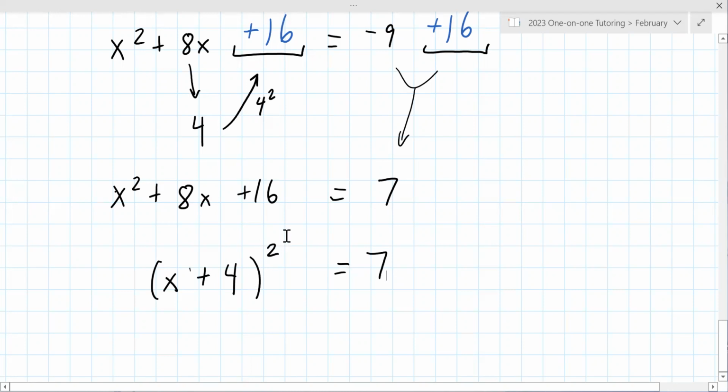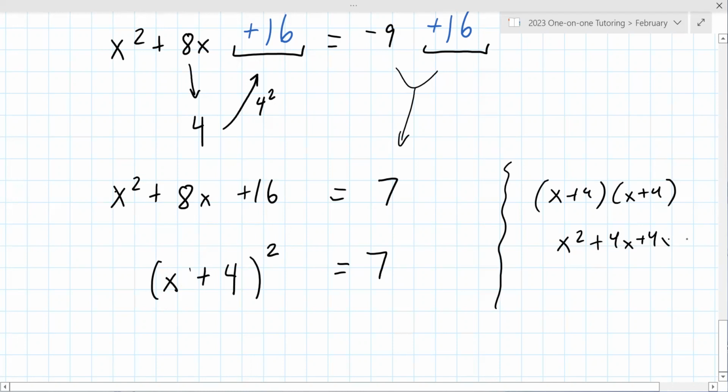The reason is when you're factoring a trinomial, the square means to multiply this by itself. So if you were to come off to the side here and take x plus 4 and multiply it times x plus 4, you get x squared plus 4x plus 4x plus 16 through FOIL, x squared plus 8x plus 16.